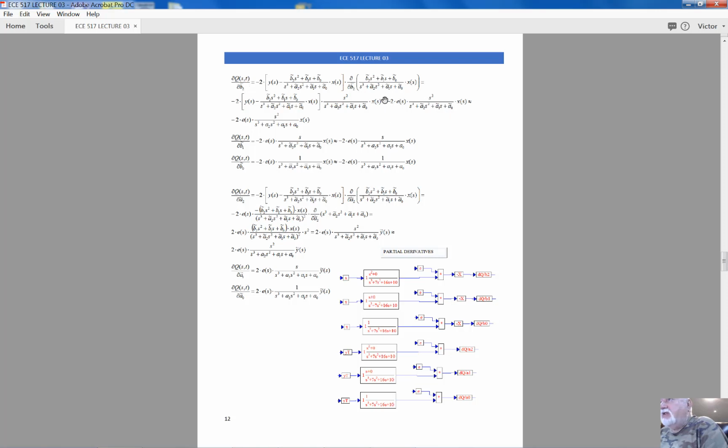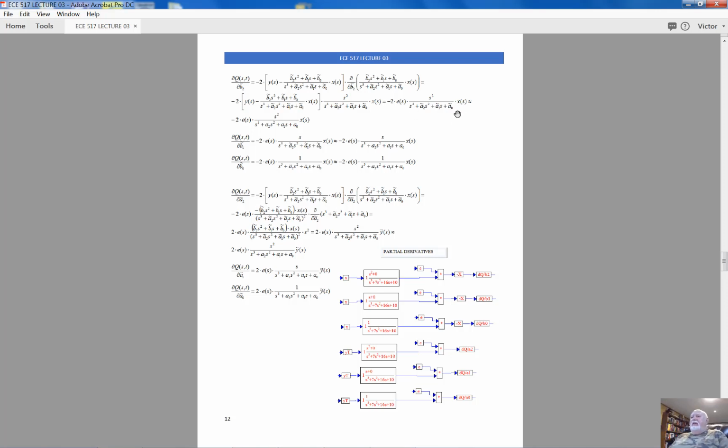There is no mistake in this result, actually. I have -2, I have error, I have this symbol S squared. This symbol S squared is the symbol of the derivative that will be applied to this input X. And I have this denominator.